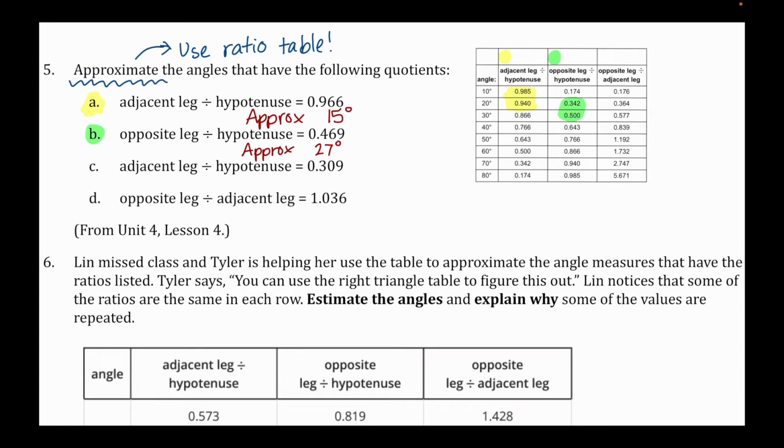Okay, now I'm going to highlight here blue for my adjacent over hypotenuse. That's my second piece that's going to go in the first column, so I'm putting another little highlight there. Adjacent over hypotenuse, 0.309.